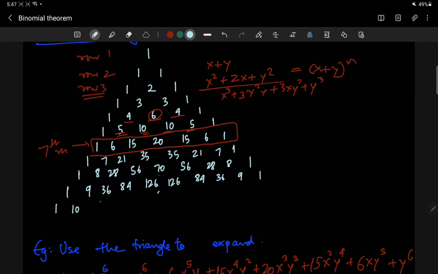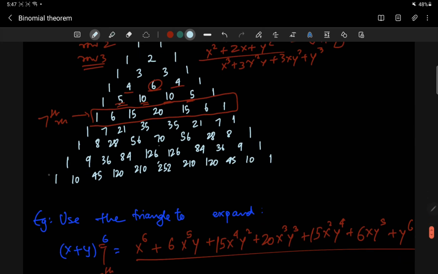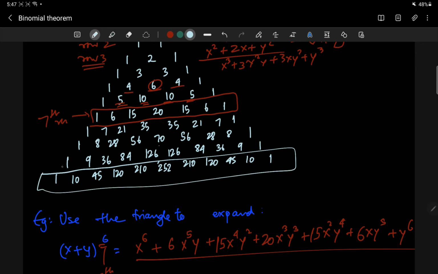Lastly, 1, 10, 45, 120, 210, 252, 210, 120, 45, 10, 1. So that's my 10th row. Okay, 7th, 8th, 9th, 10th.